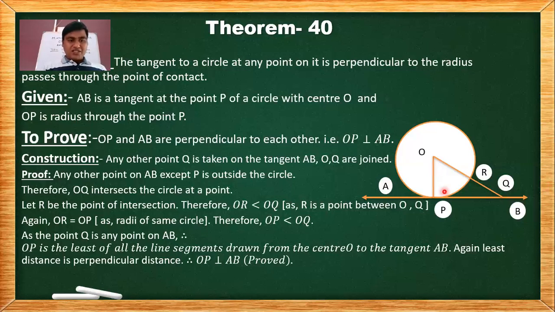OP is the least of all the line segments drawn from the center O to the tangent AB. Again, we know the least distance is the perpendicular distance. So OP is perpendicular to AB.